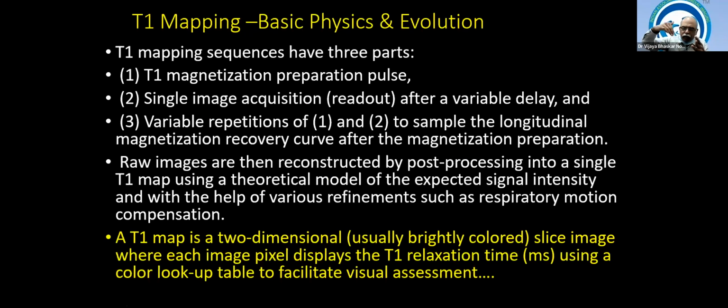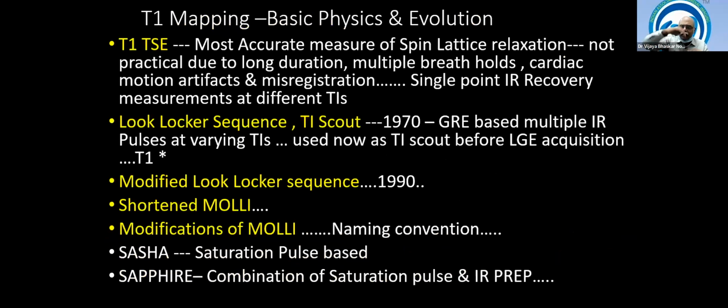They start coming back to their equilibrium phase, in which they emit energy that is calculated, and that is what is plotted as the models, various physics behind it, and ultimately you get what is known as a T1 map. And this T1 map is projected as a color map, a black and white map, also as a curve fitting map. I'll show you.